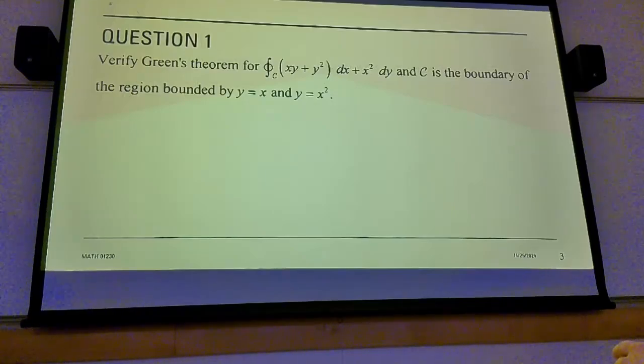So we are going to verify Green's theorem.